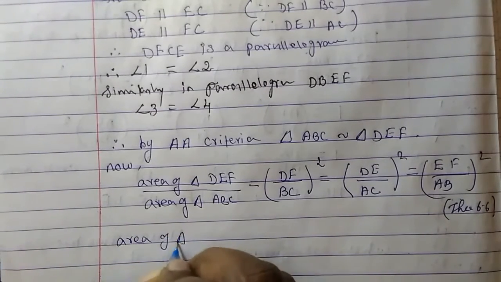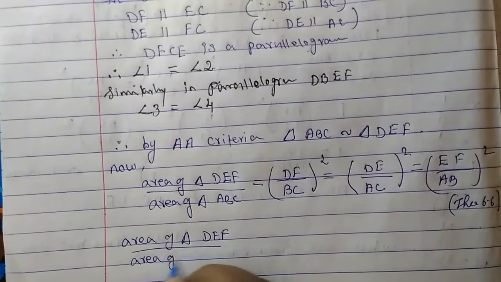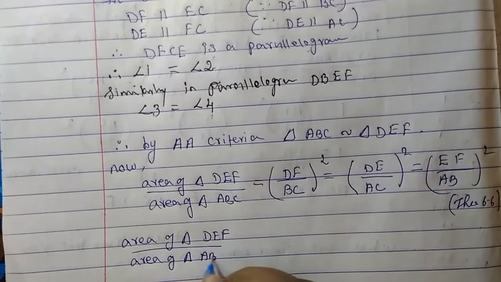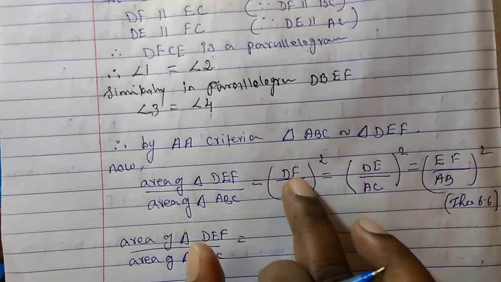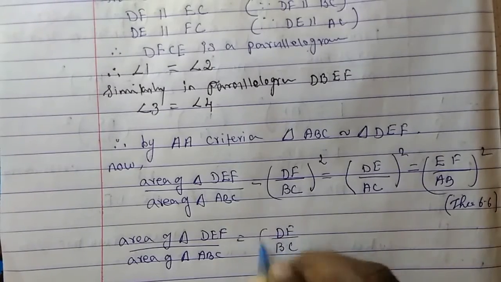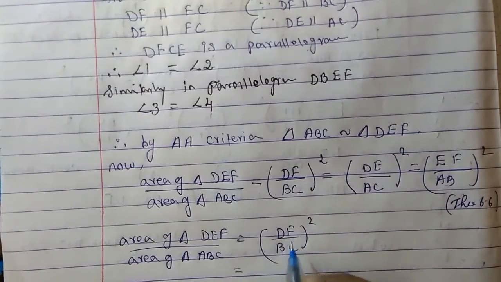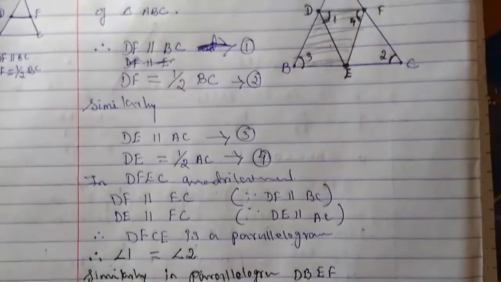So area of triangle DEF upon area of triangle ABC is equal to any one side we can take. So now DF, let's take DF on BC whole square. Okay, DF, can we write half of BC? Because we have studied here the midpoint theorem, no?